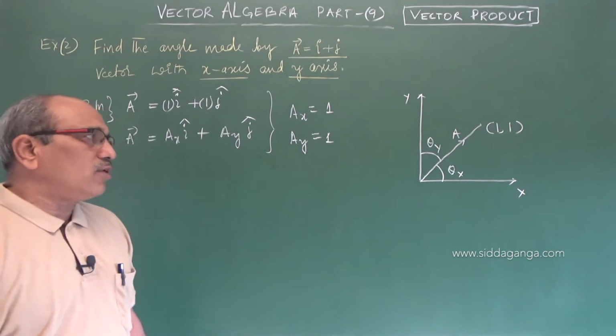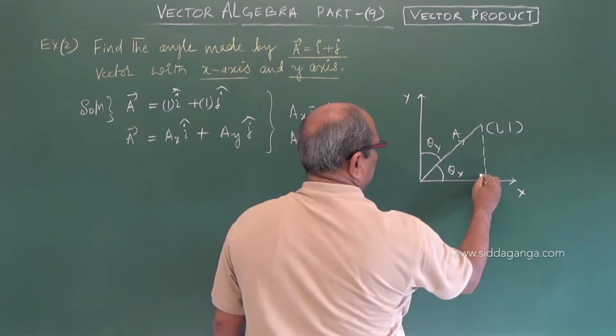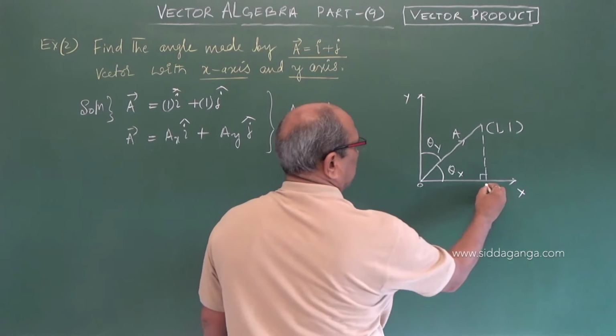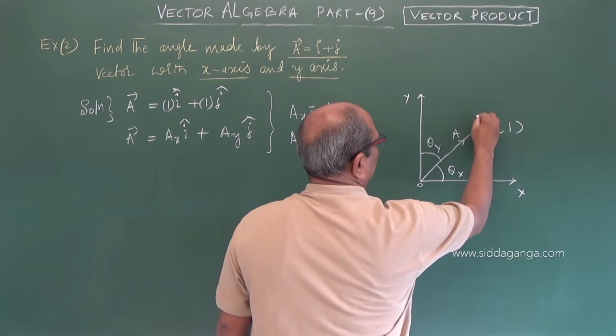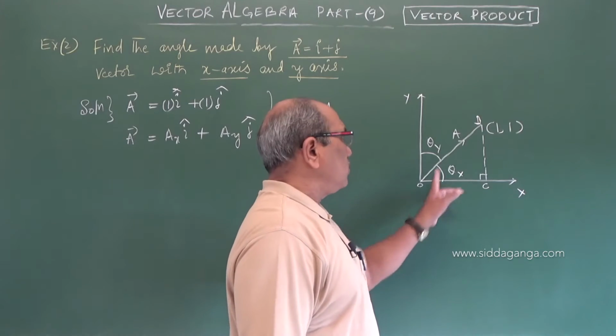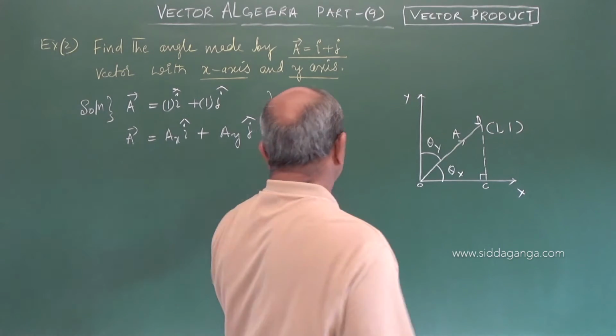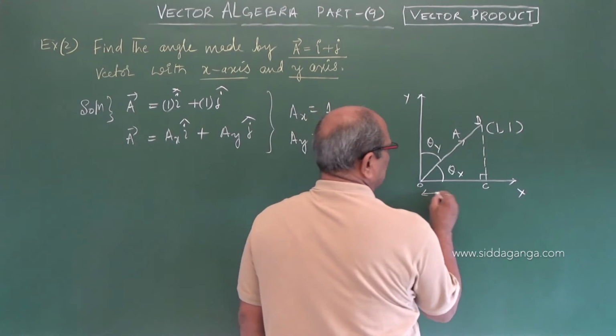To find the angle, what can be done? Just drop the normal to this. It may be OCD. Now you require OC, knowing A. OC by A. So OC is known as AX.